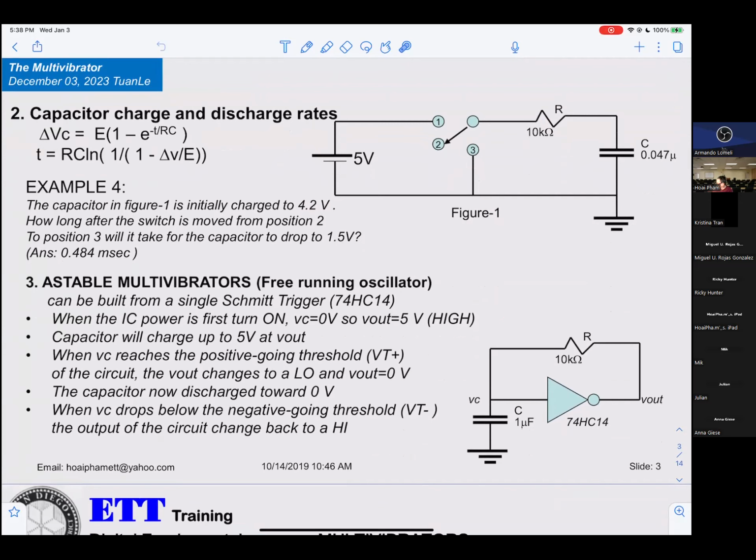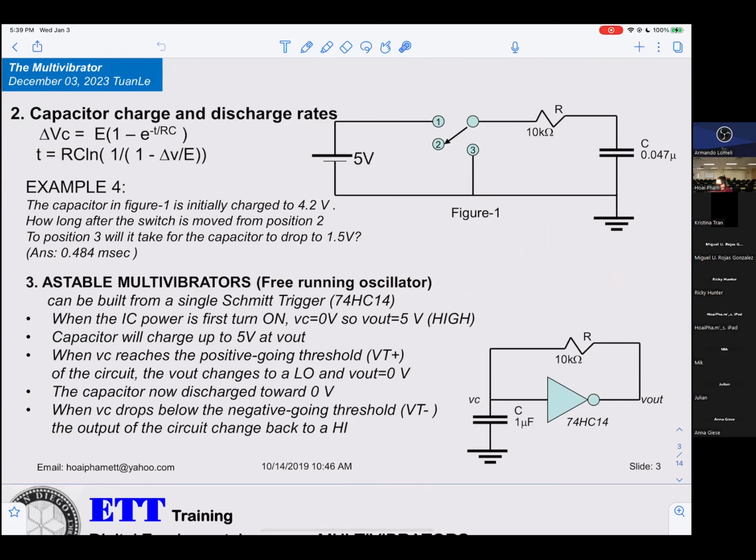Okay. And now another astable multivibrator. That means this is the circuitry here. They're using the IC 74HC14. That's what they call a free running oscillator. That means a signal comes out and keeps running forever.